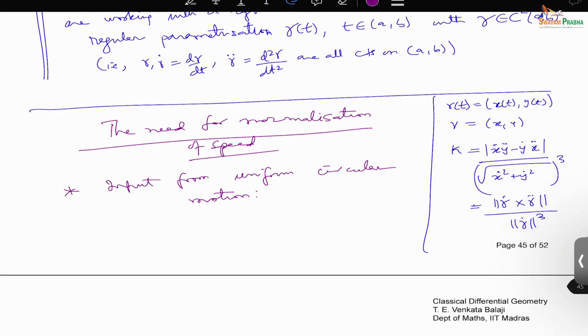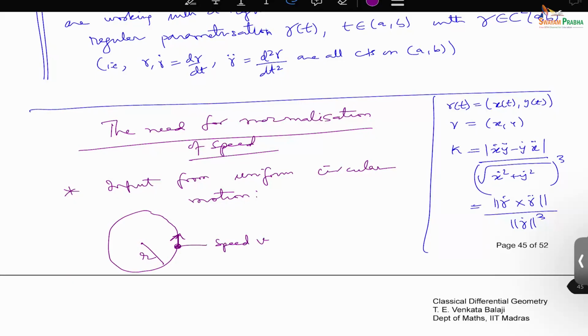You take an object moving in a circular path, and let us assume that the object is moving with speed. Let this be the radius of the circle, and here is an object moving, and this has, let us say, speed v.